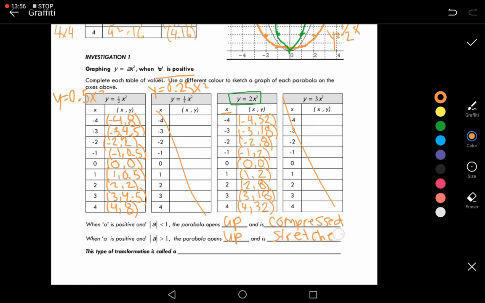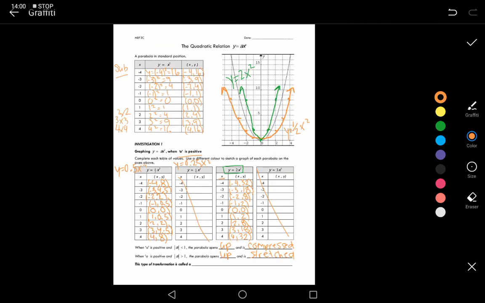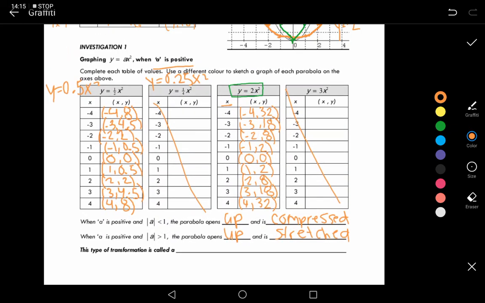Okay, so when we're compressed, we appear wider, and when we are stretched, we're going to appear narrower, right? Imagine pulling it up or pushing it out to the side. So this type of transformation is called a vertical stretch or compression.